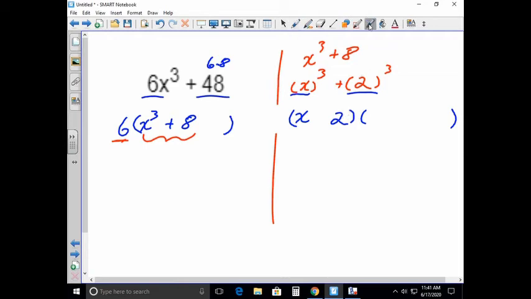After we figure out what's being cubed, then for the next parenthesis, the first term comes from taking this one and squaring it. So x squared. Notice x times x squared, if we were to distribute that, x times x to the second would make x to the third. The term on the other end comes from doing the same thing with a 2. That last term comes from squaring a 2.